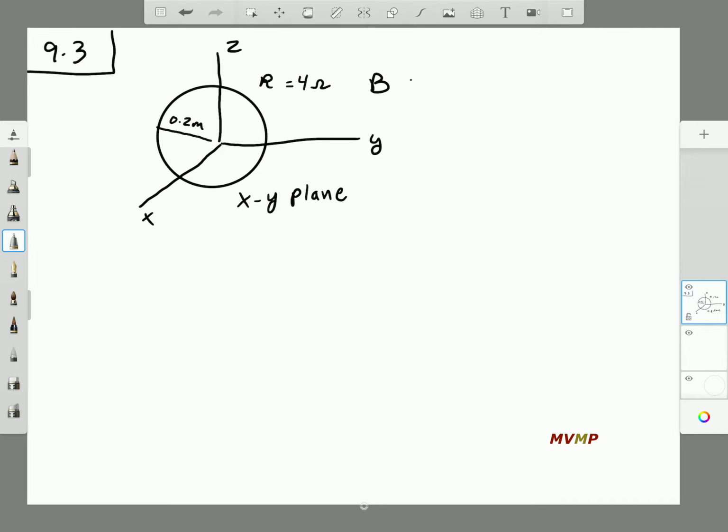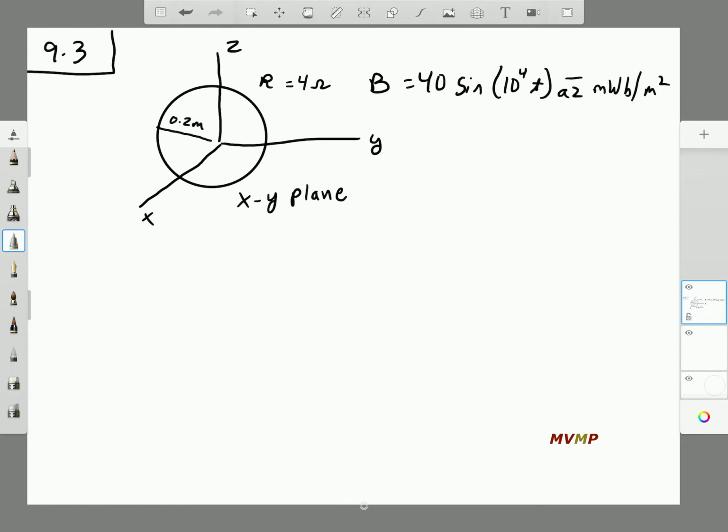We are given the B field to be 40 sine 10 to the 4 t a_z, in milliwebers per meter squared.